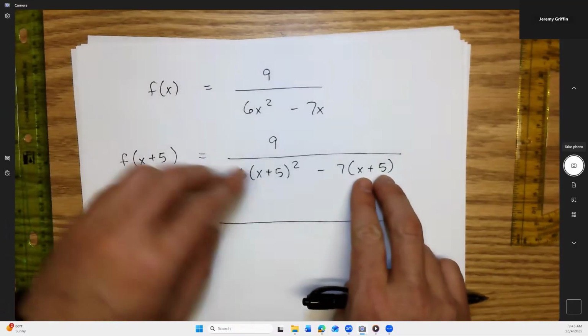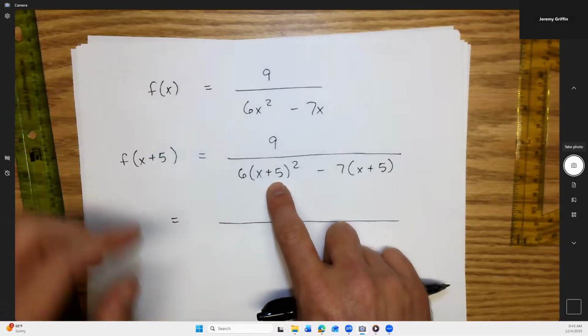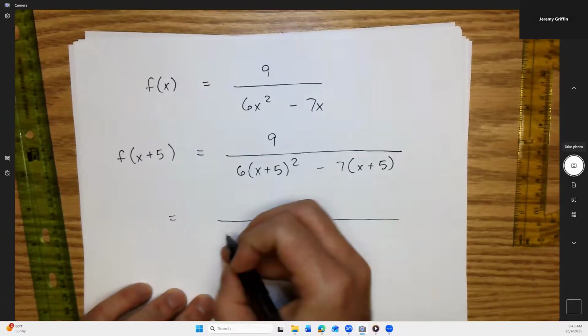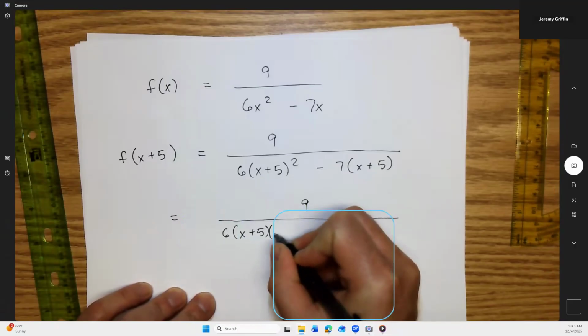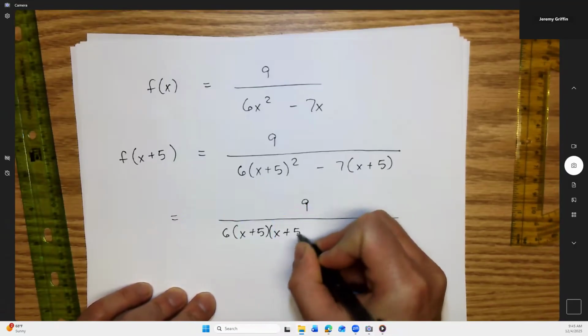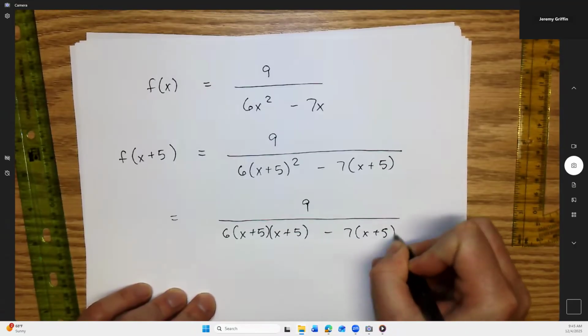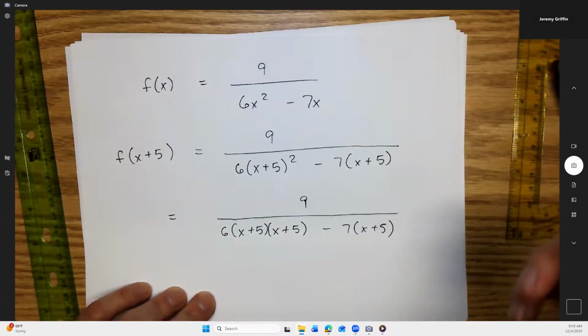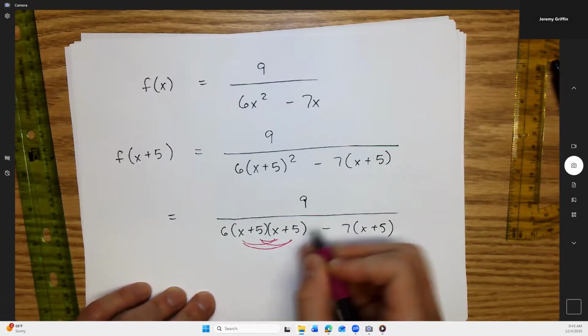Now, if it's being squared like here, do you have to FOIL that out? Yeah. So go ahead and throw in this middle step, which might be helpful. You may not need this, but if you square a binomial, it can look like that. And then let's do FOIL: first, outside, inside, last.